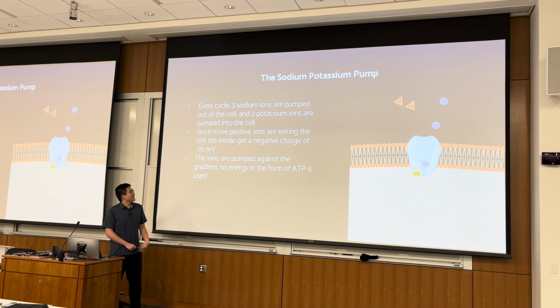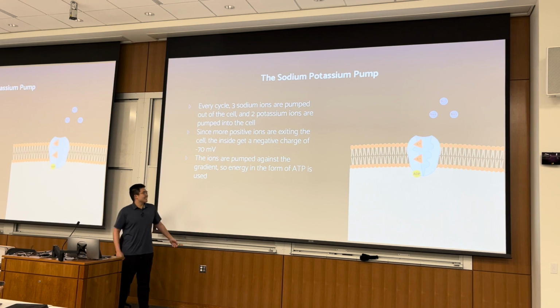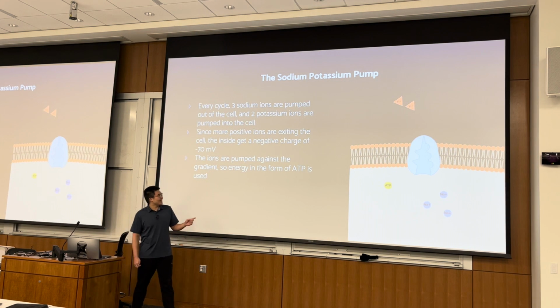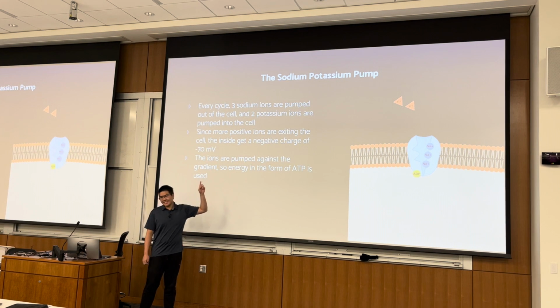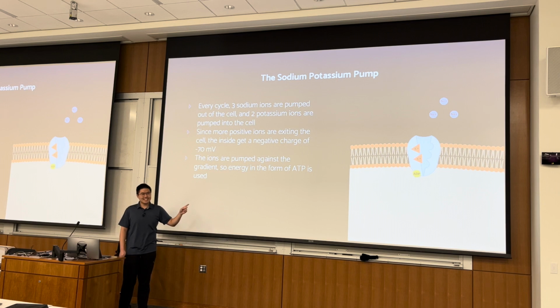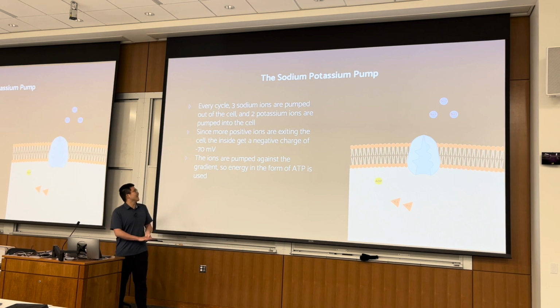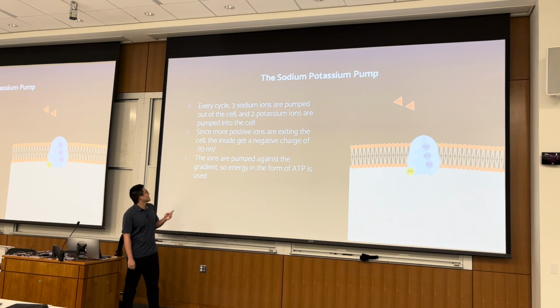So one important thing about the neuron is the sodium-potassium pump. This is inside the axon. And you can see every cycle we have sodium going out of the cell, and we have potassium going into the cell. So this will help our cell maintain a negative voltage of negative 70 millivolts, and this is called a potential.